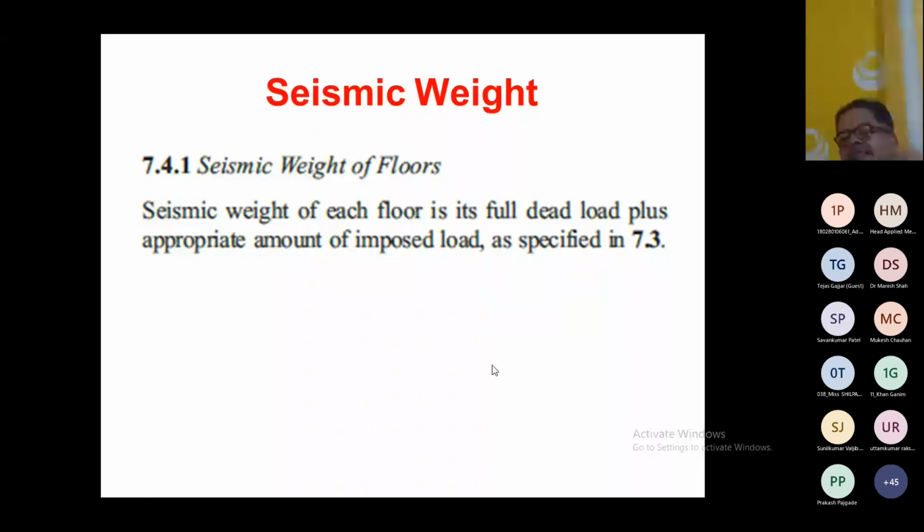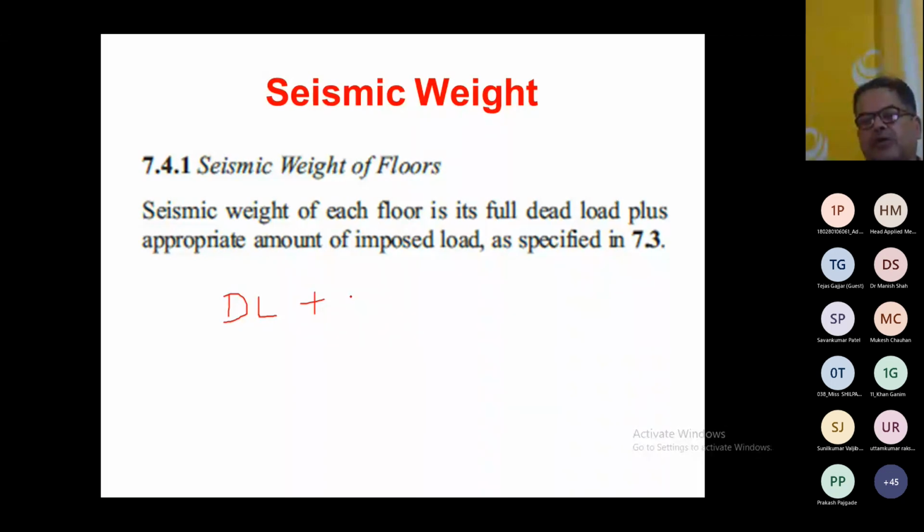Now, we'll discuss the first part, the seismic weight. As per IS 1893, clause number 7.4.1, the seismic weight is basically dead load plus appropriate live load, appropriate imposed load, right?